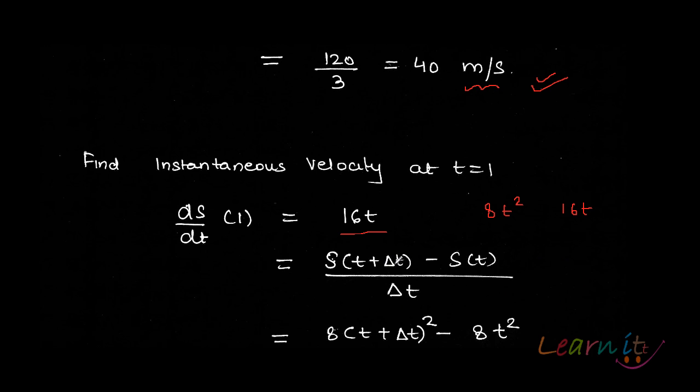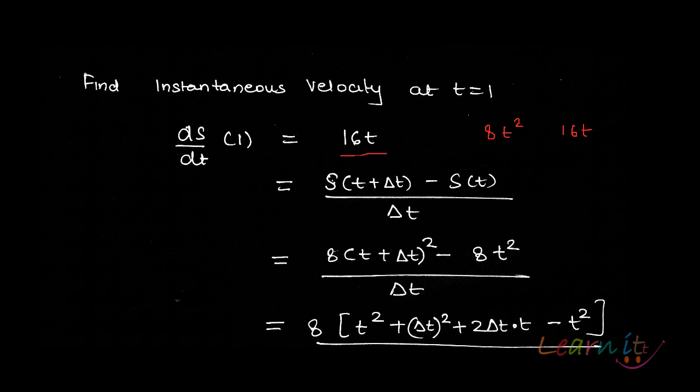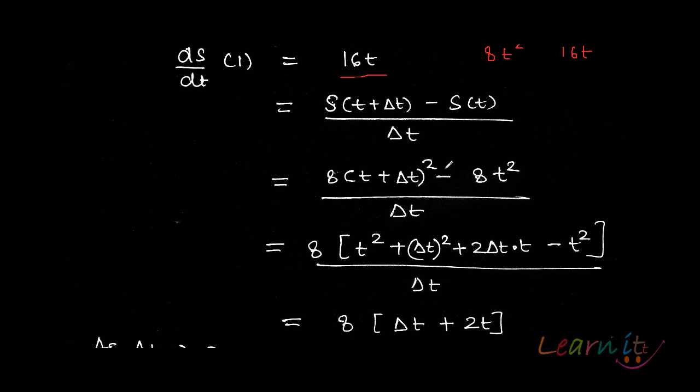So 16t is equal to s of t plus delta t minus s of t upon delta t, right? We can substitute 8t square as the distance function, so 8 times t plus delta t whole square minus 8t square upon delta t.